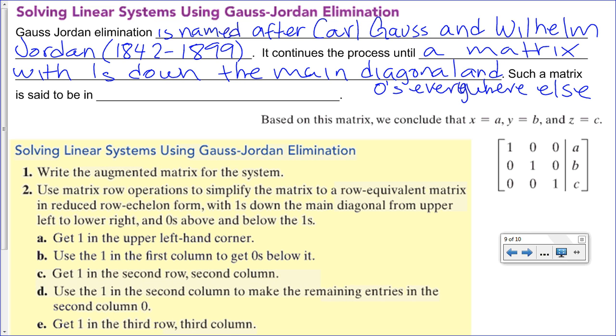Such a matrix is said to be in reduced row echelon form.